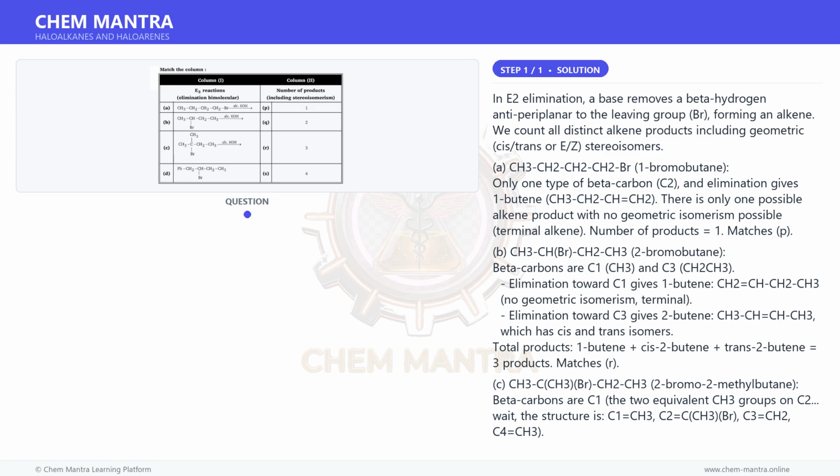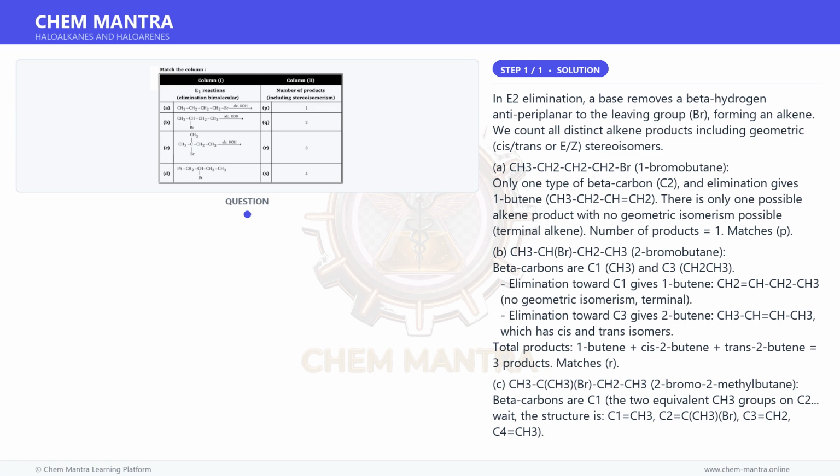Elimination towards C3 gives PhCH2CH=CHCH3, 2-butene with phenyl, which also has cis and trans isomers, equal to 2 products. Total products, 2 plus 2 equals 4 products.